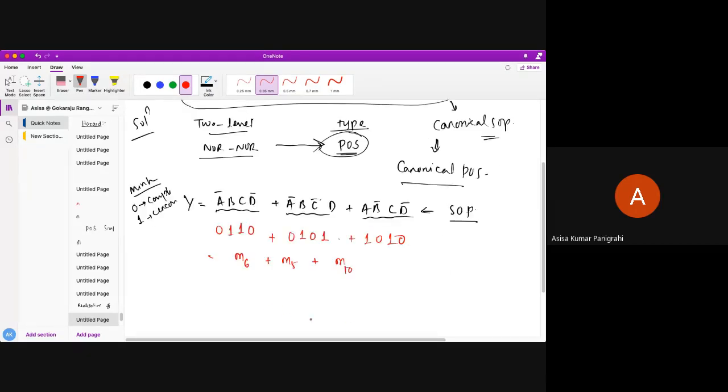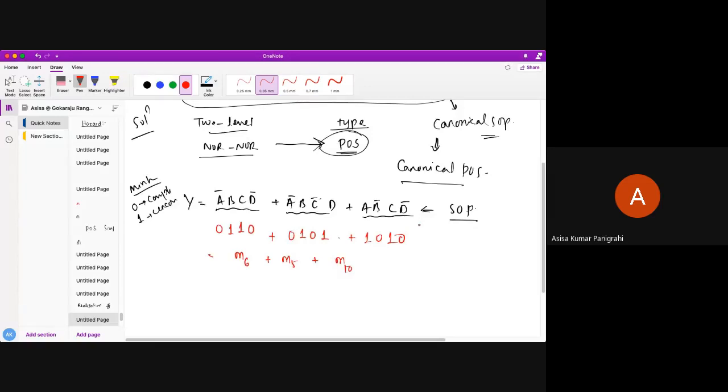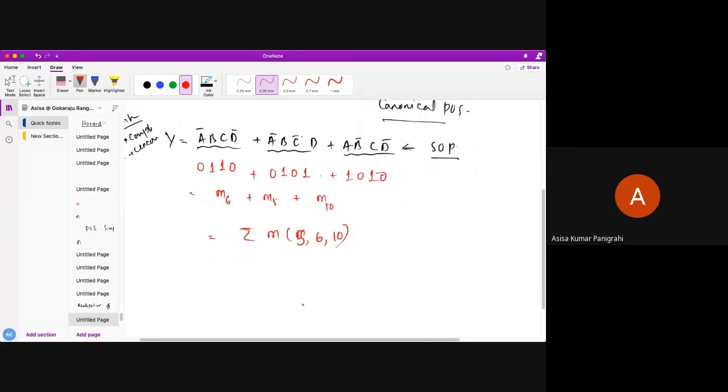So the function is in canonical SOP, and I have got it in minterm form, that is, summation of M5, 6, and 10. How do we convert it into maxterms? Those not available in the minterms are the maxterms: 0 1 2 3 4 7 8 9 11 12 13 14 15.